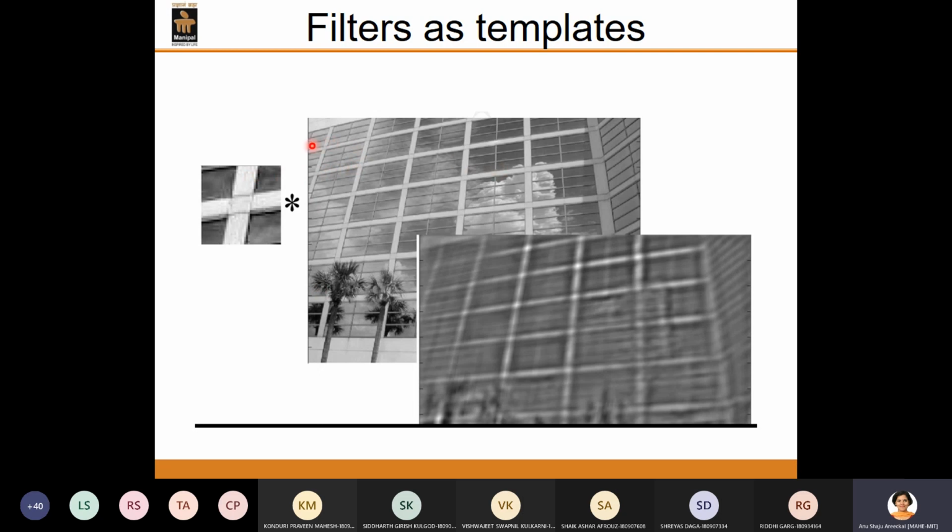What happens is, it basically does a correlation operation where it will give a high value wherever this particular patch exactly matches that of the original image. And if it does not match exactly, then it gives a low value. So after doing that particular convolution operation, the output image looks like this.